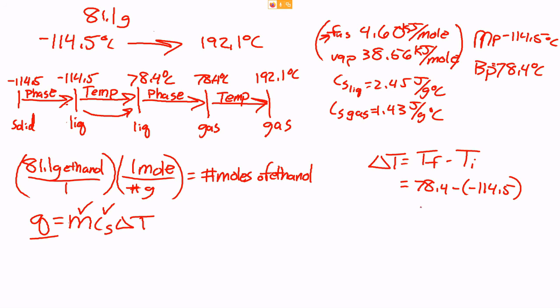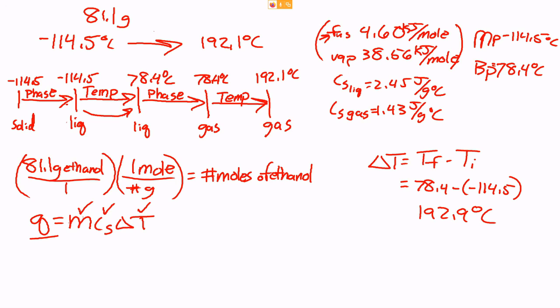So that delta T would be 192.9 degrees C. So that would be the delta T for this region, and it would be a different one for this one. Here it would be 192.1 minus 78, so it would be a little bit less. It'd be something around 160 or so. Oh, sorry, not 160, 120 or something like that. 110, 120 would be the delta T for this region.